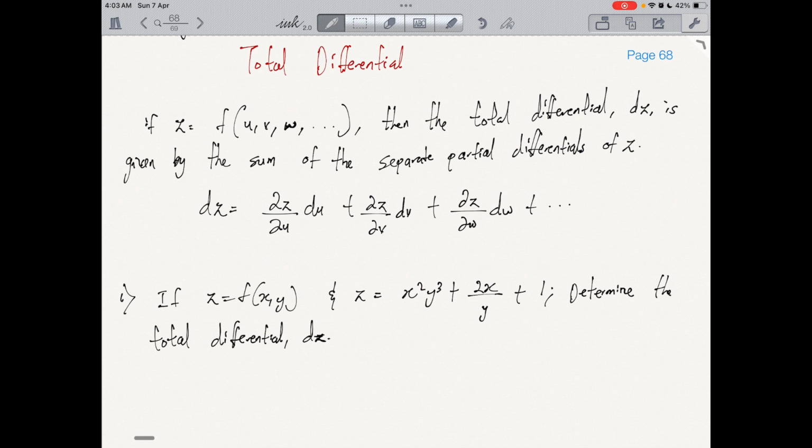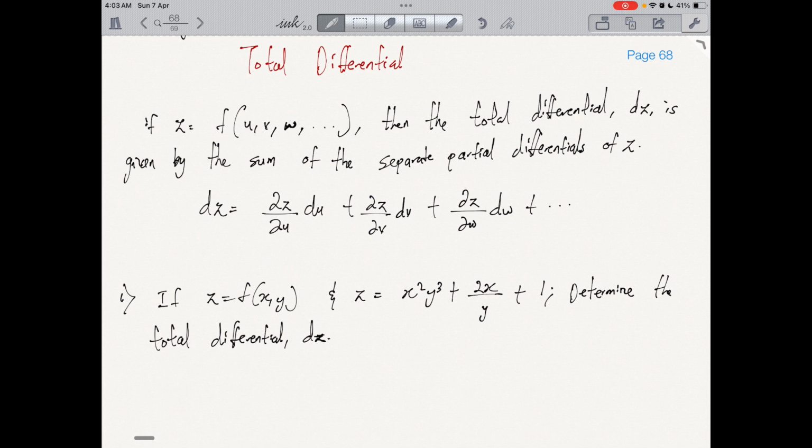Therefore, dz is equal to the partial derivative of z with respect to u multiplied by du, plus the partial derivative of z with respect to v multiplied by dv, plus the partial derivative of z with respect to w multiplied by dw, and it continues.